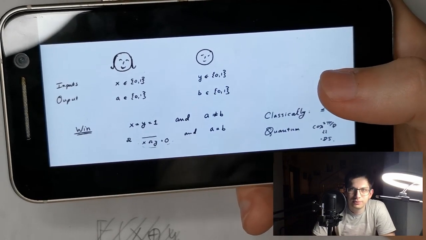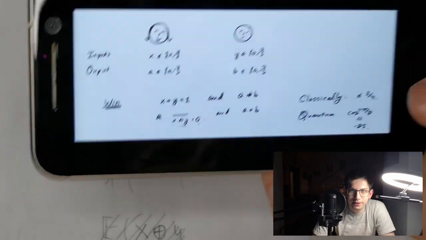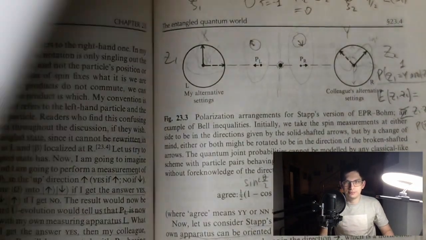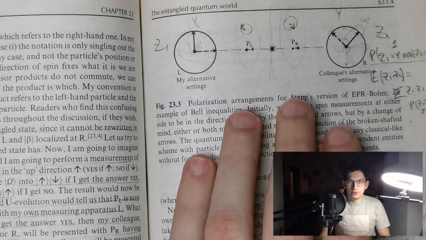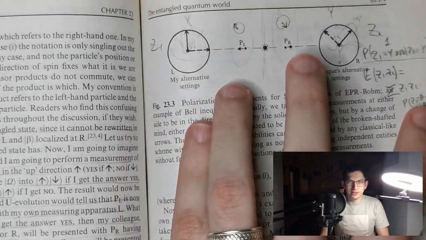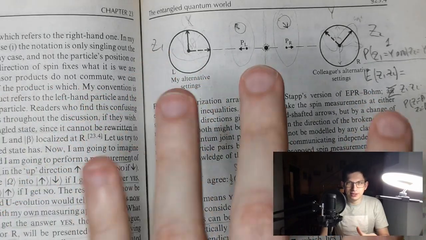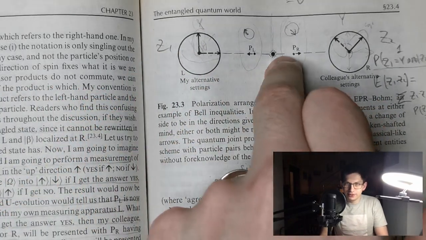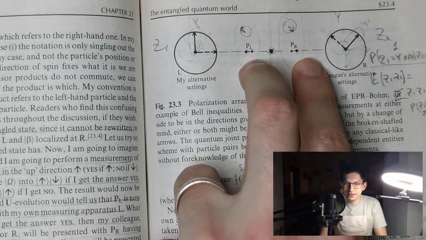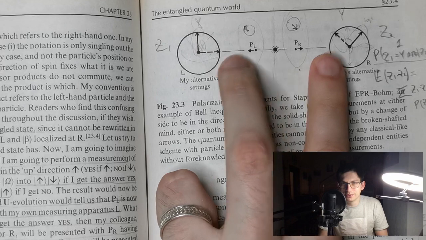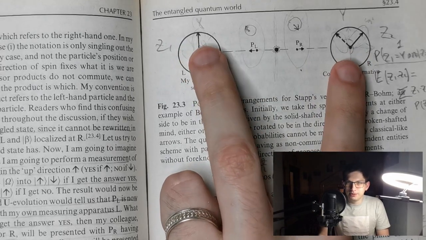So basically, to use that practically, you can use the same setup we had in the book. Two guys really separated in space, like light years away from each other. They have a source which emits two Bell state correlated particles to them.